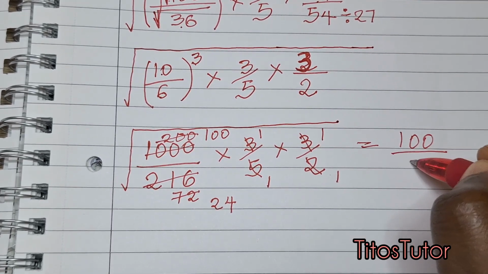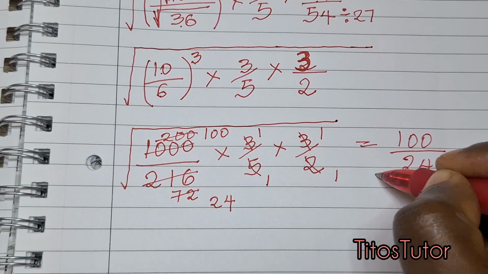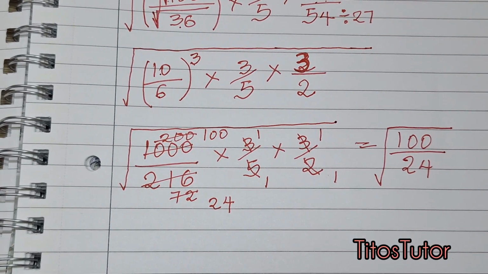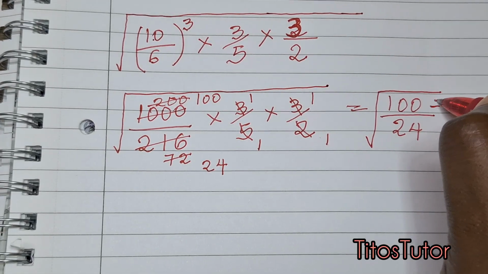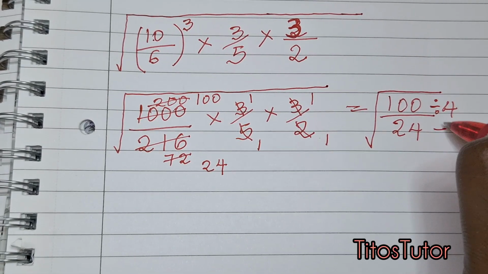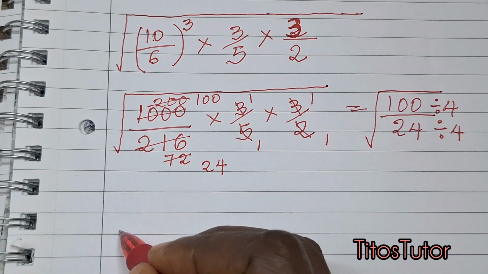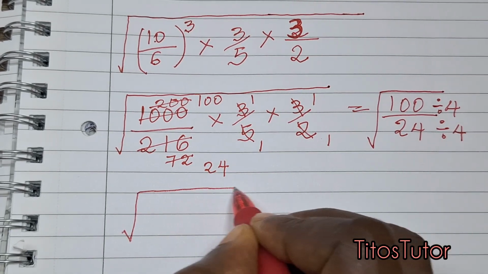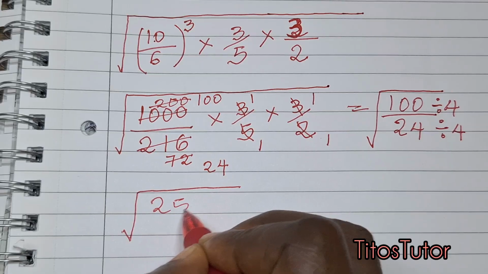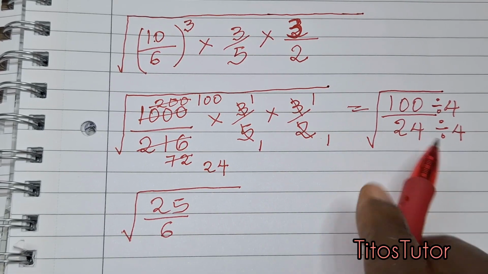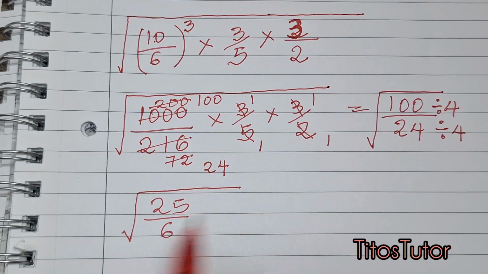Okay, so now I have 100 over 24 under my square root sign. Easy to simplify. I can divide this by 4 and divide this by 4 as well. If I do that, I have a square root of 100 divided by 4 is 25 all over 6, because 24 divided by 4 is 6.